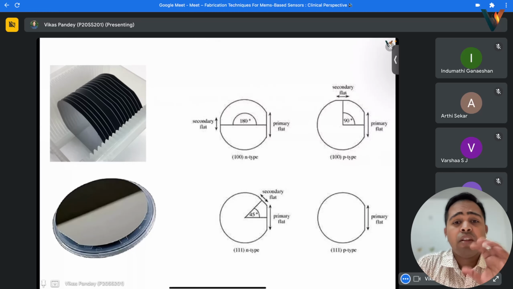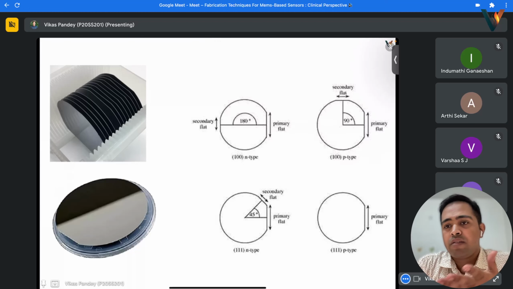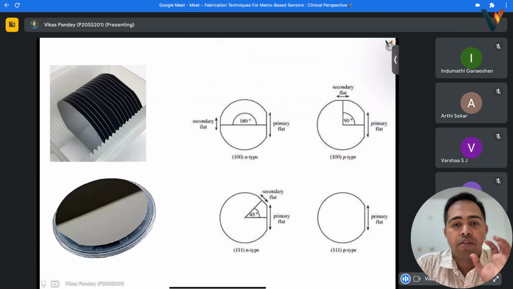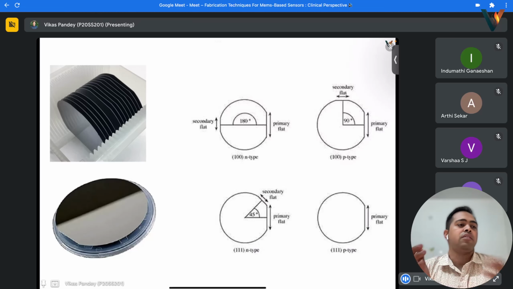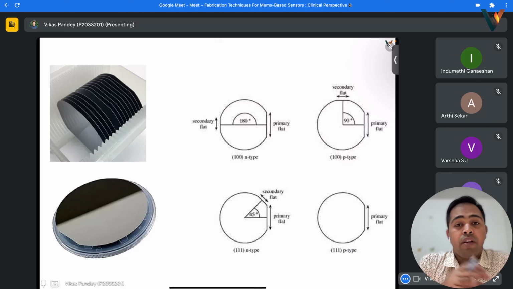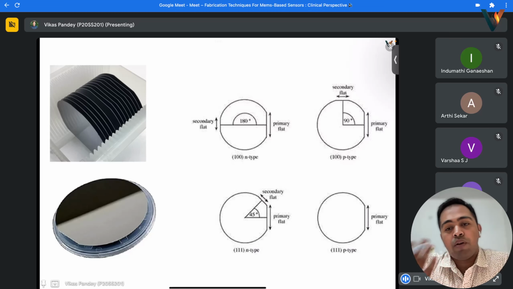And since some of you are from an electronics background, you must know that silicon semiconductors, as most of us studied in intermediate, can be either P type or N type, right? Is there any confusion in that?